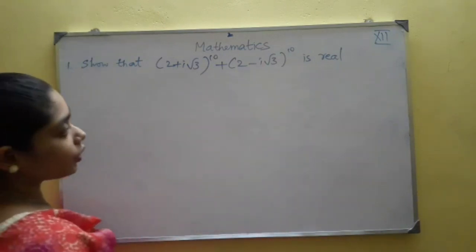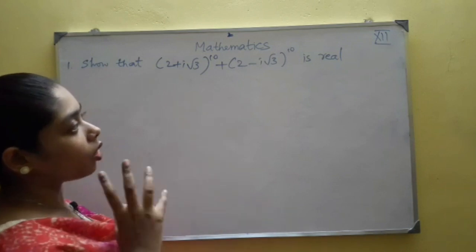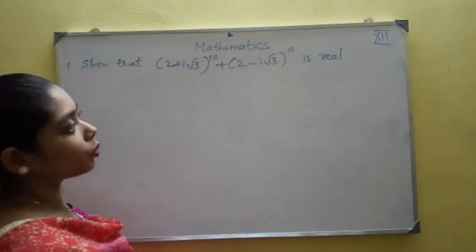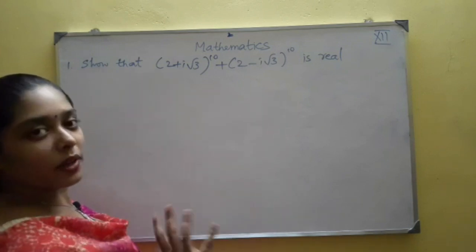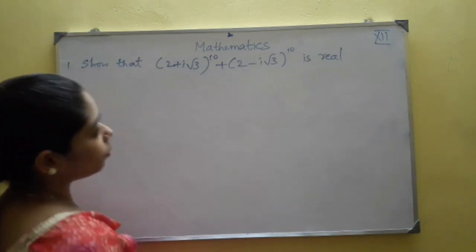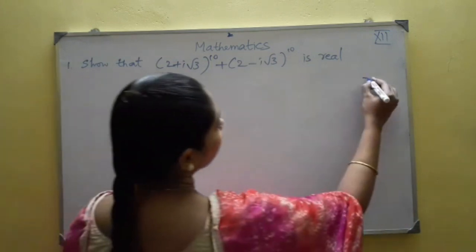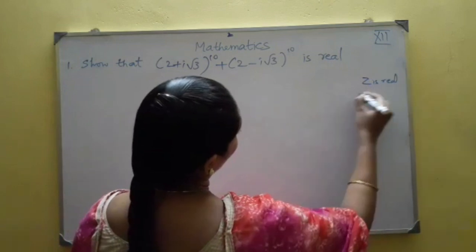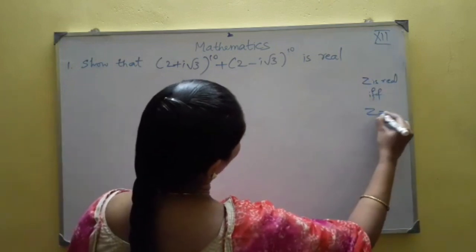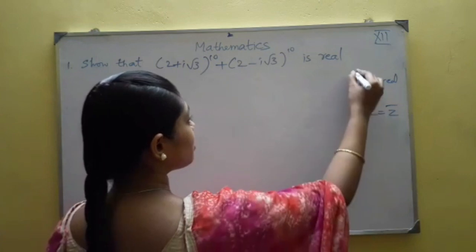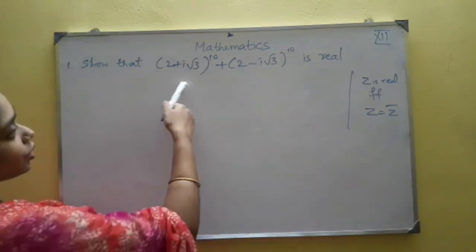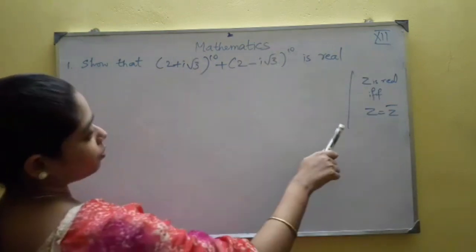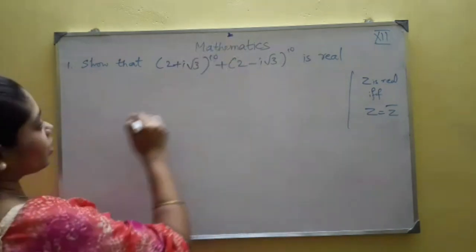Just before we have studied one property. So proving a complex number to be real, it is enough to prove that the complex number equals its conjugate, right? The property is z is real if and only if z equal to z bar. This property is enough. So here they ask you to prove this is real, just to prove this equal to its conjugate.